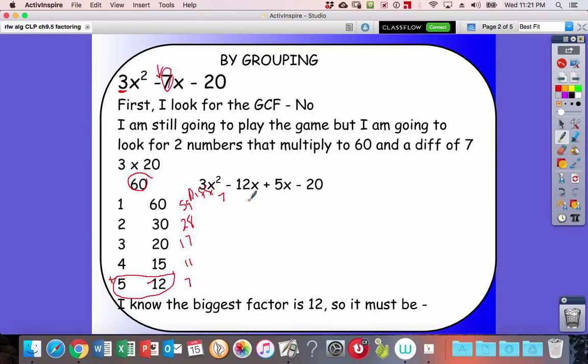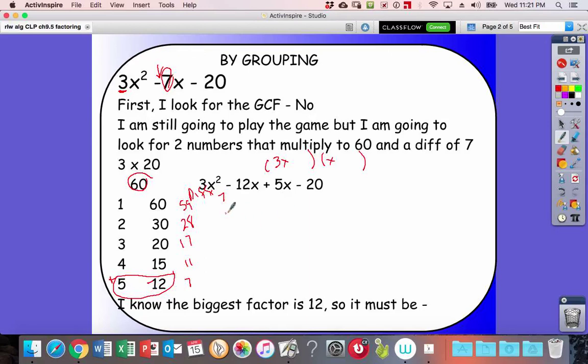Because I also know it's got to be 3x. It's going to end up being 3x times something with x times something. Now I do know these two back numbers are going to multiply to 20. There's a lot of things I can put in there, but I know that when I go for the middle terms, they're going to be 5 and 12.